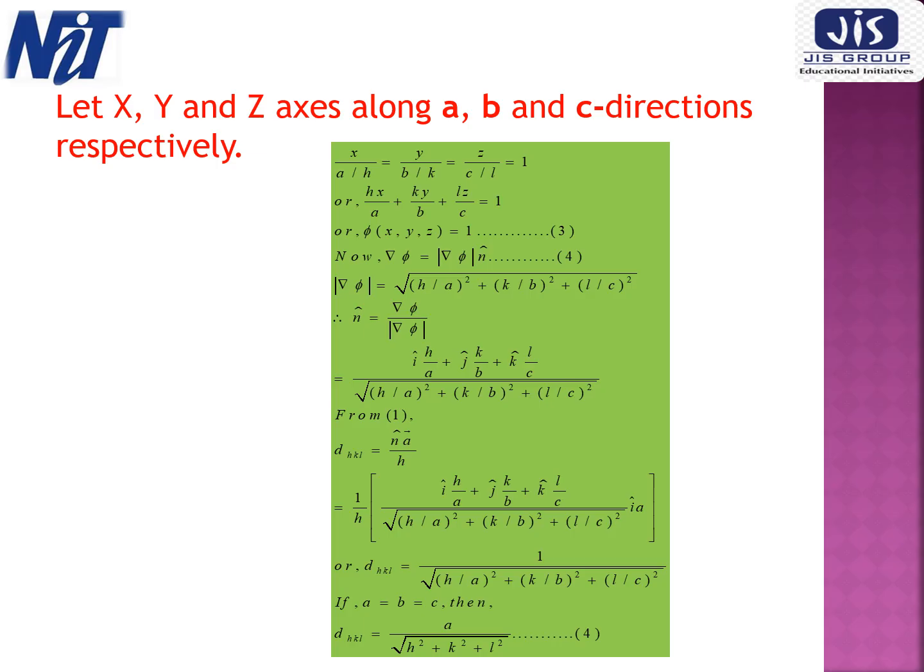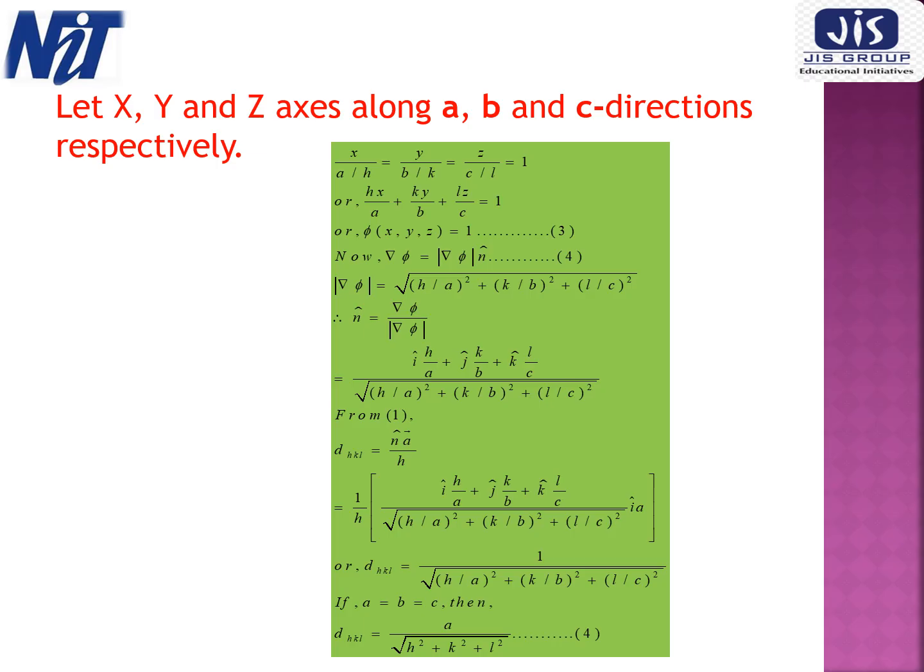Now from equation number 1, d_hkl is equal to a by h cos alpha, b by k cos beta, equal to c by l cos gamma. So from equation number 1 we can write d_hkl is equal to the unit normal vector n into the vector a by h.